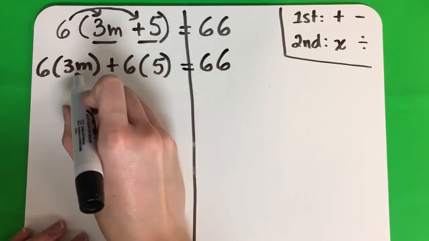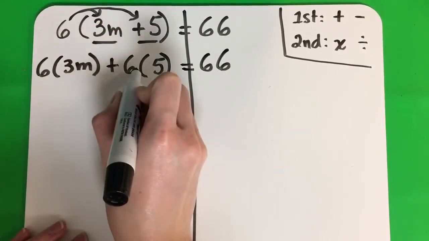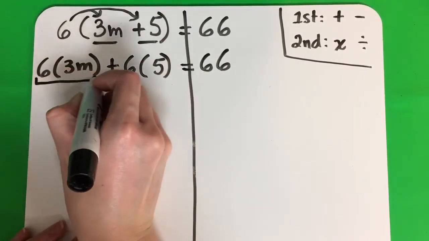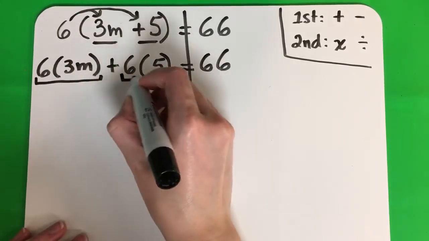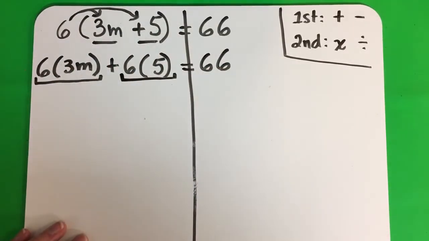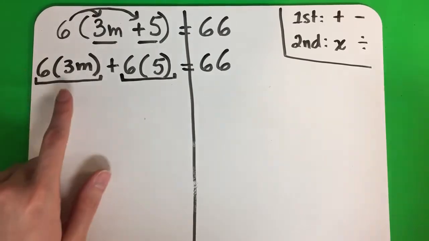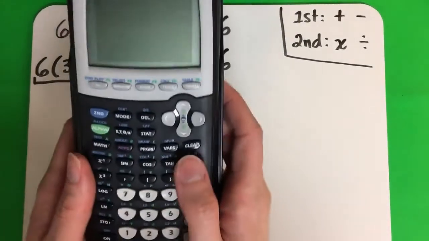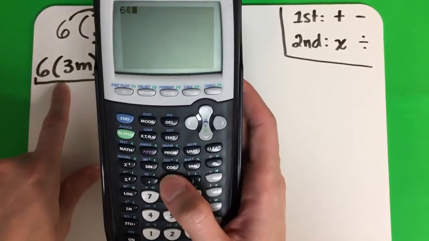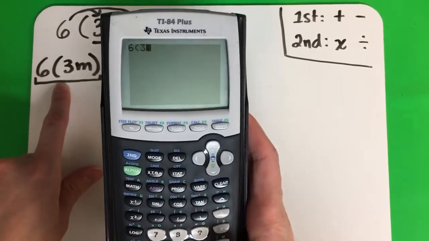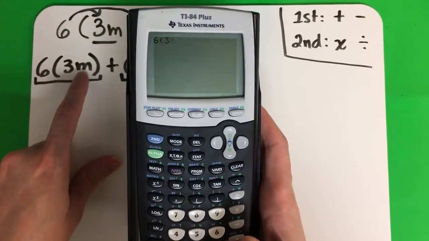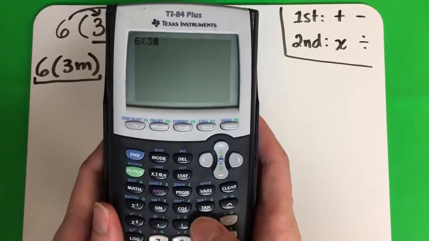Now I have 2 parts. Ahora tengo dos partes. So we're going to need to do part 1 and part 2. So in your calculator, you will put this part. So you are going to put 6 paréntesis 3, no m, no letra, no m, paréntesis.